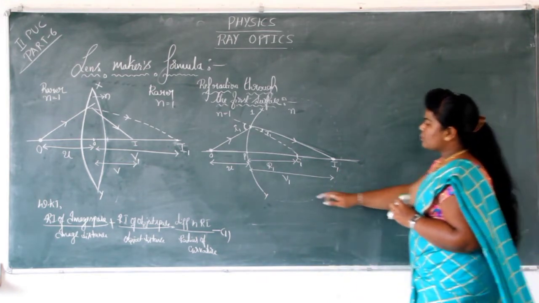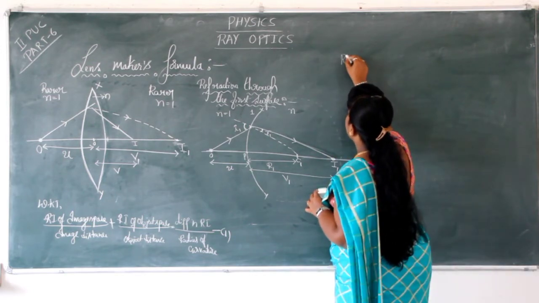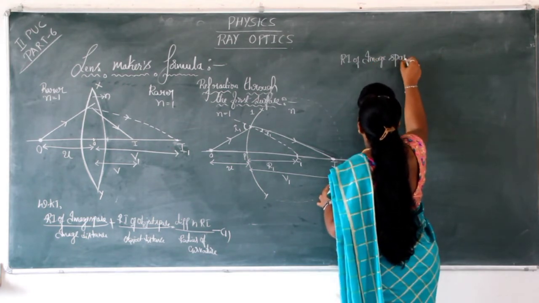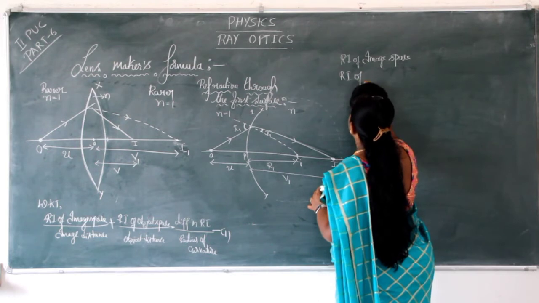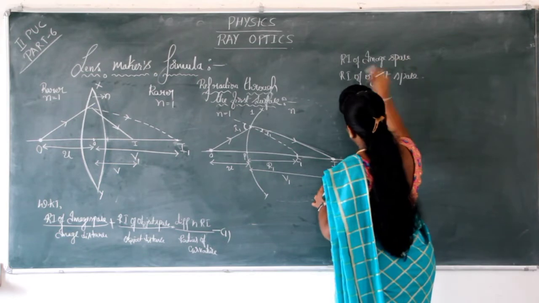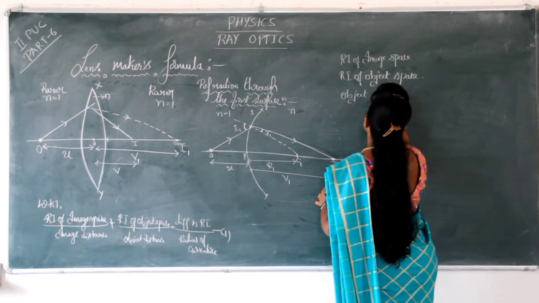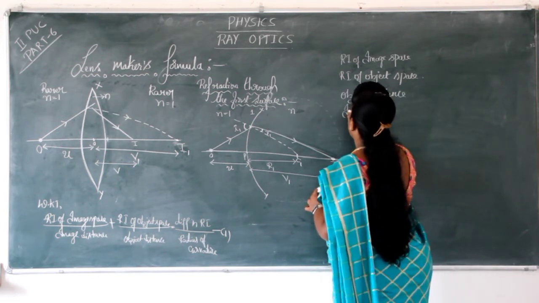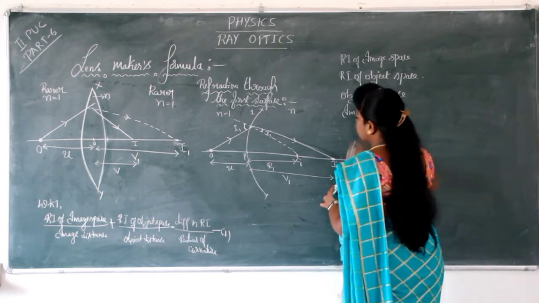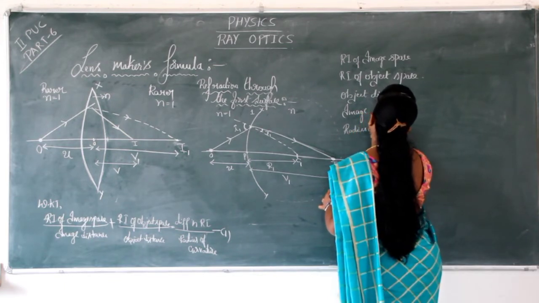So what I am doing is noting down the points present in this diagram. I want to write the refractive index of image space as well as the refractive index of object space, the object distance, the image distance, and next the radius of curvature.